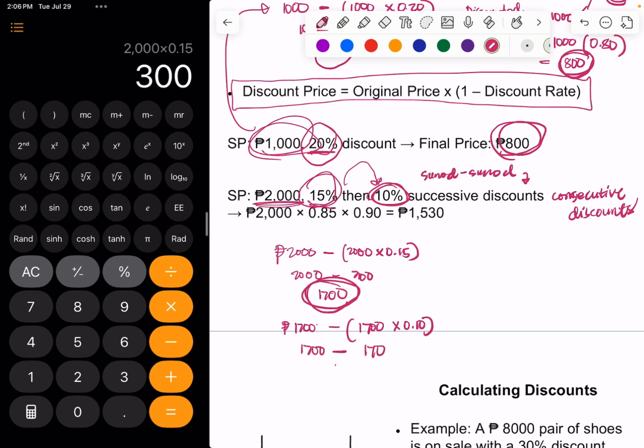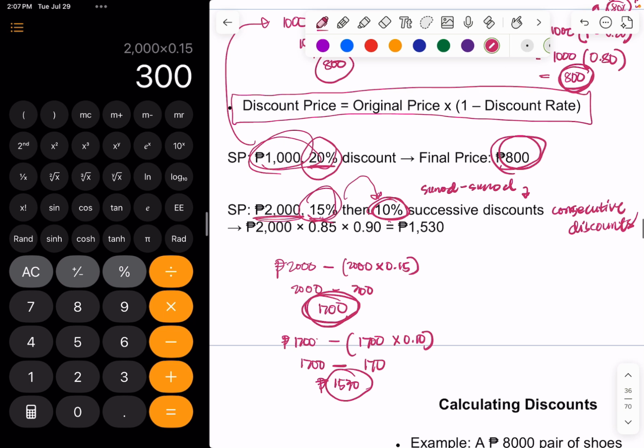So you'll now pay 1,530 pesos only. So ing-ani ang pag-apply sa successive discounts. Sunod-sunod, kung unsay una, then gamiton nato ang sunod to get the discounted price, which is 1,530.